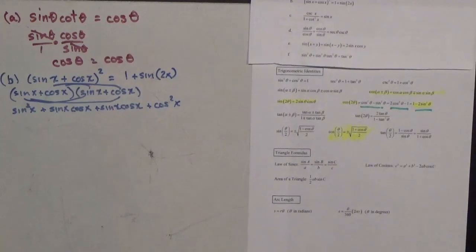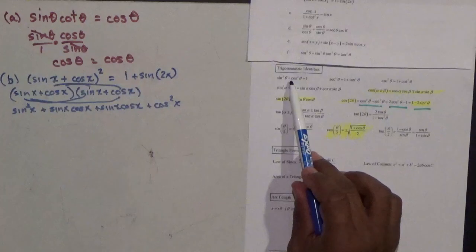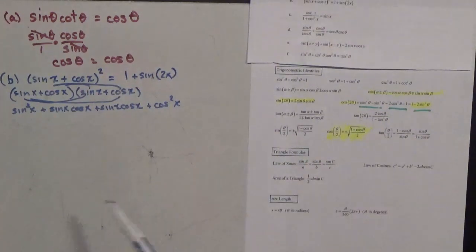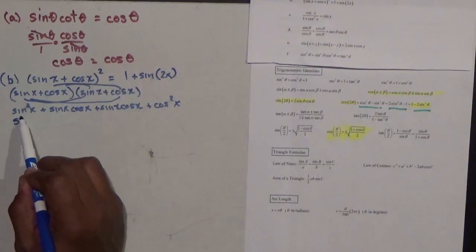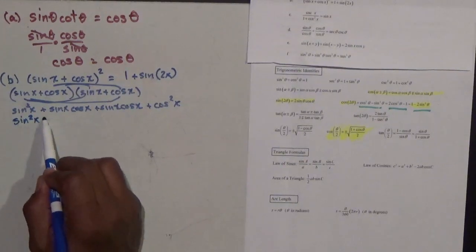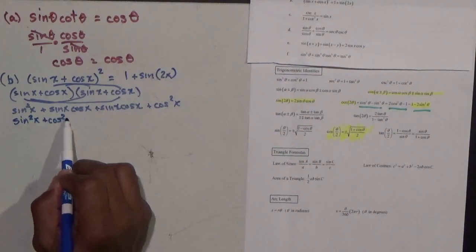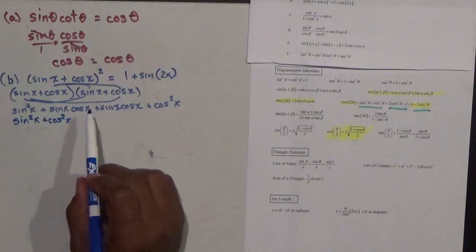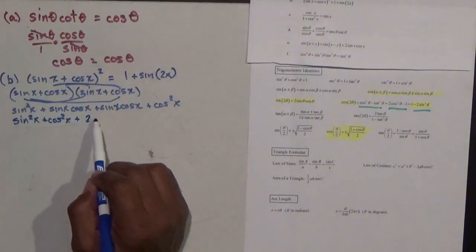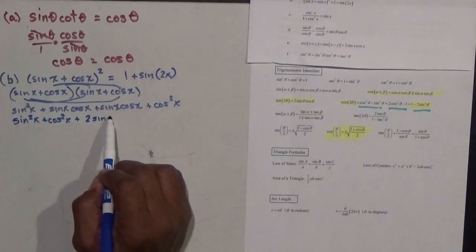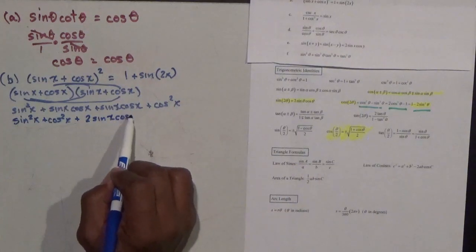Now, I see sine x squared, cosine x squared. That's the Pythagorean identity. So I'm going to bring that together first: sine squared x plus cosine squared x. And I have two of the same thing, so I have 2 sine x cosine x.